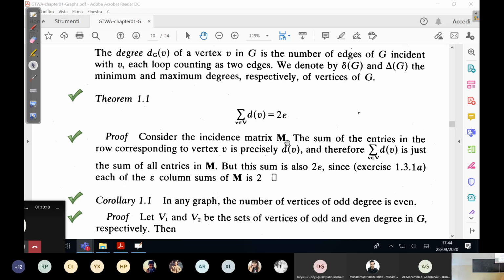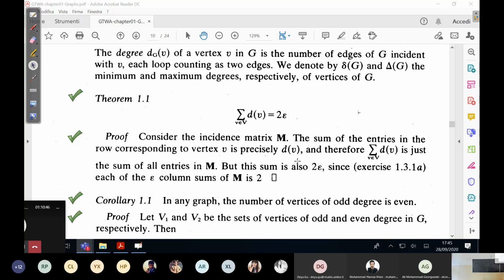Okay, here we have a proof. Consider the incidence matrix. Take the sum of the entries of the matrix in the row corresponding to a certain vertex V. Then we have exactly the degree of V. Why? If it is the end of a loop, then we'll have a 2 in the column of the edge which is the loop.